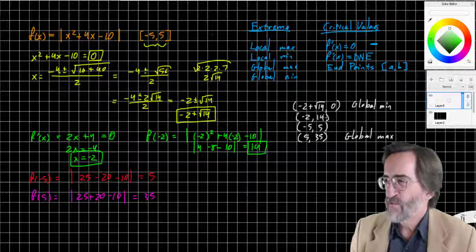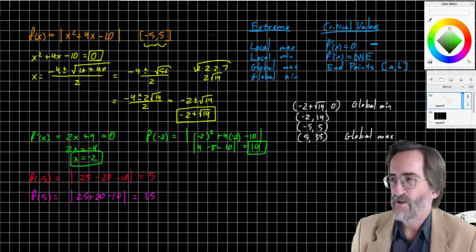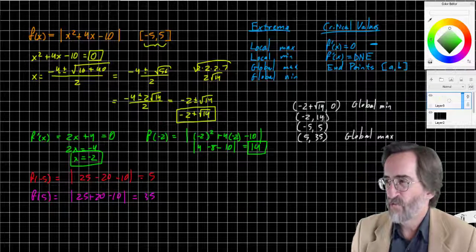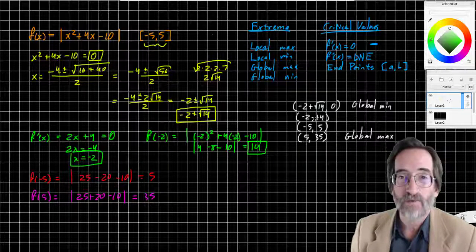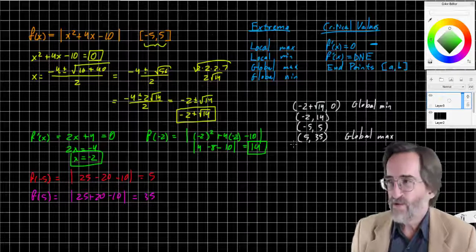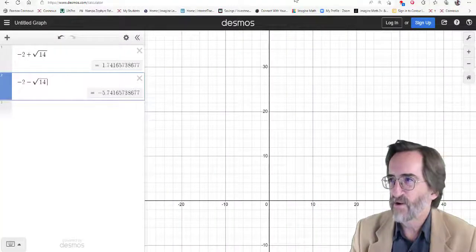The question remains whether these other two represent global or local minima or maxima. To test that, we can test points on either side of them, or in the case of (negative 2, 14), we can check the second derivative, which the lesson doesn't get into yet. But let's verify this using our graphing calculator here.